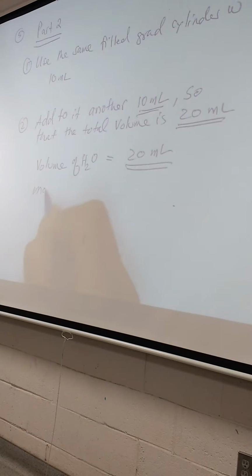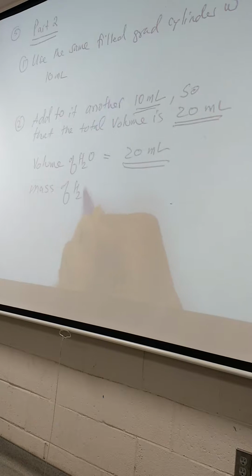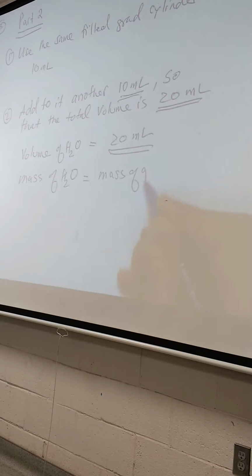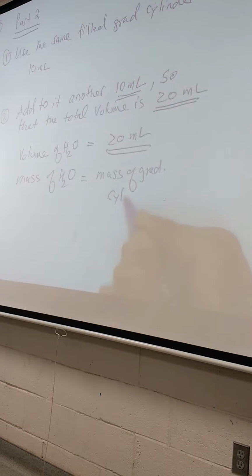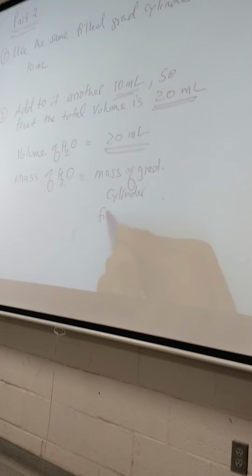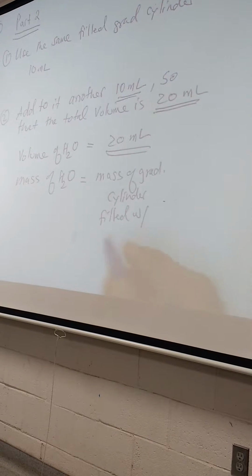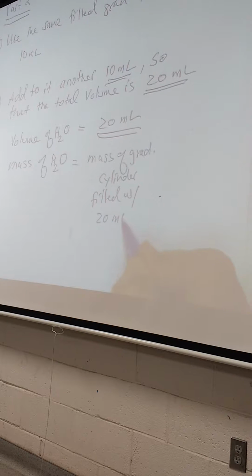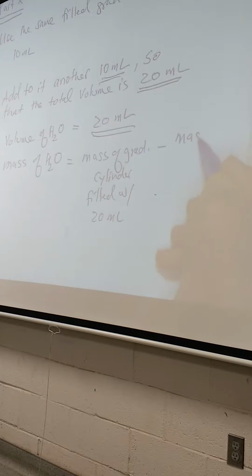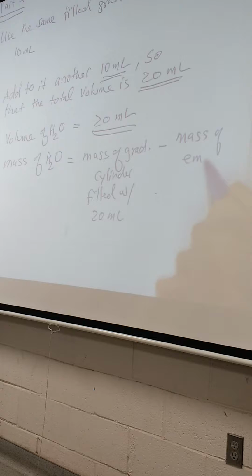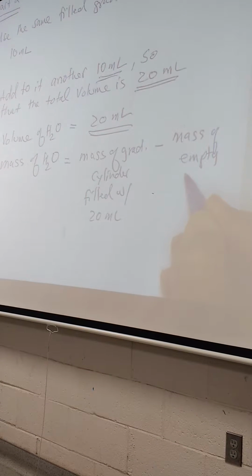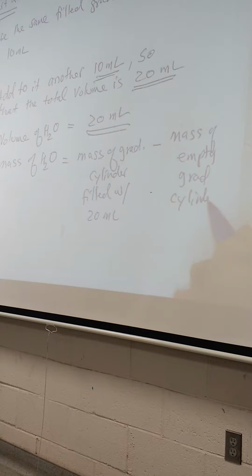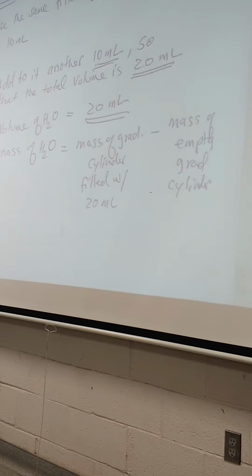The mass of H2O will be the mass of the graduated cylinder filled with the 20 moles minus the mass of the empty graduated cylinder.